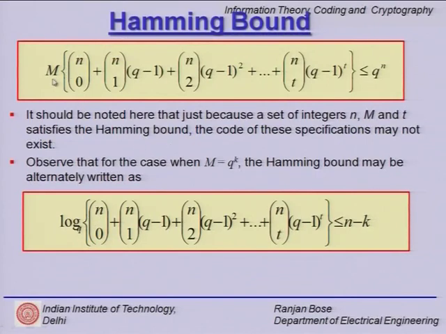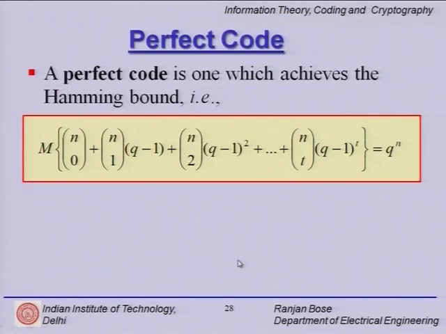So, this M can be substituted by 2 raised to the power k in the binary case, but this is the general form. And if you take a log on both sides, M is q raised to the power k, so n minus k will be on the right hand side, and you have log to the base q, and you have this expression. So, it can alternately be written as follows.